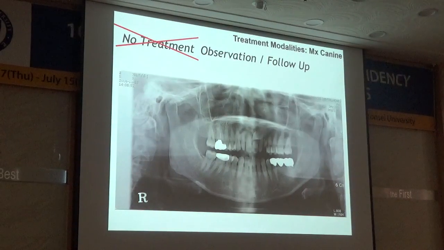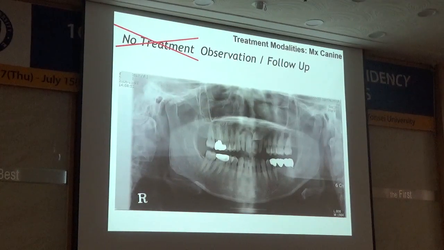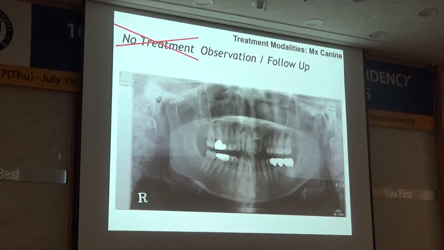She had no idea of the infected canine, so she was not motivated at all. She wanted to know about the extraction of the central incisor and the distal tooth, and then make the prosthesis, fixing the bridge or something.